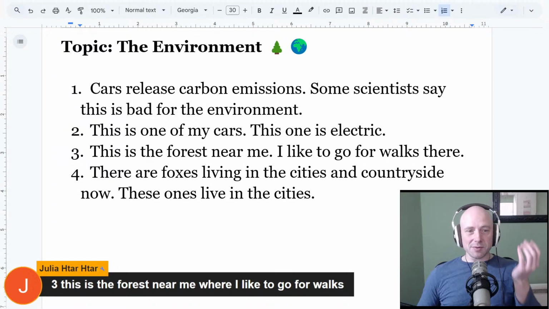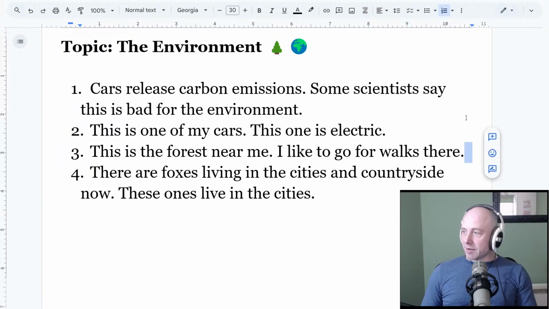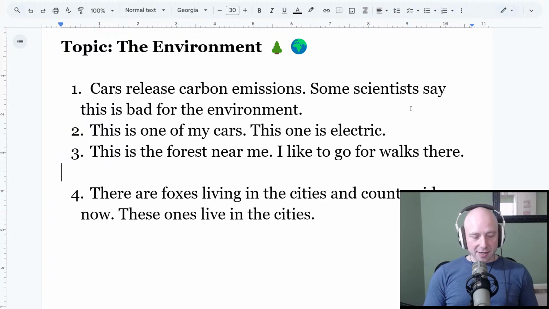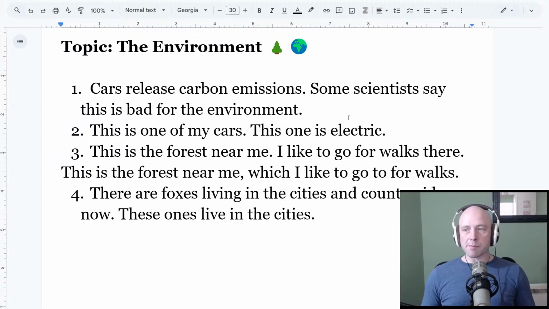That's your implication when you use the defining relative clause like that. So actually, for number 3, I would recommend using a non-defining relative clause. Like that.